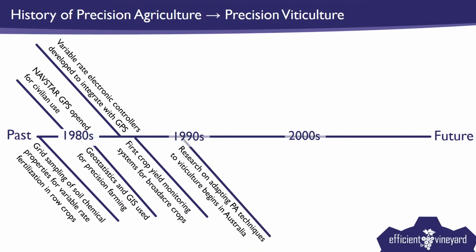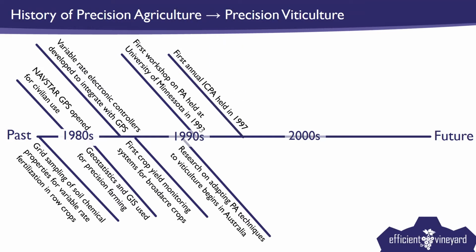And then really research started hitting the floor, beginning in Australia with folks like Rob Bramley and colleagues. So they began research on adapting precision ag techniques to viticulture and seeing if this would work for us, basically. And the first workshop on precision agriculture broadly, and this was before the term was even very clearly defined, was held at the University of Minnesota in '93.